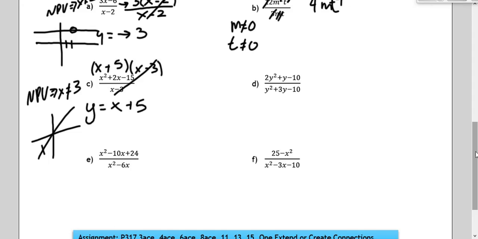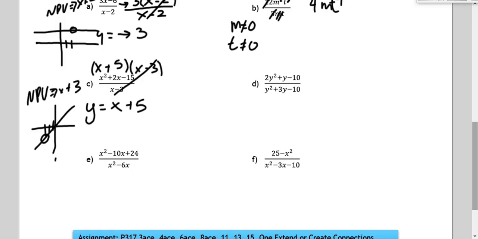No. Yes. Somewhere we would have a hole in the graph. Let me actually think about that. Oh, at x is equal to 3. That's why I was confused. So right here, 3, there would be a hole in the graph.